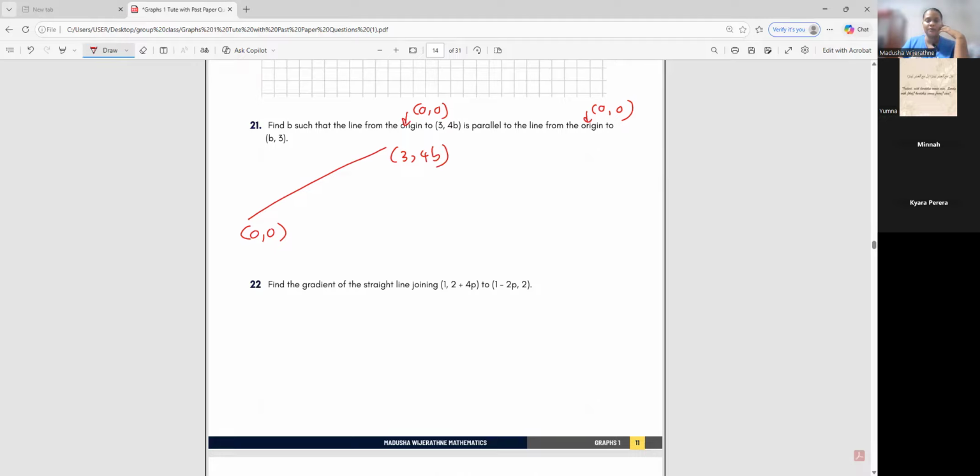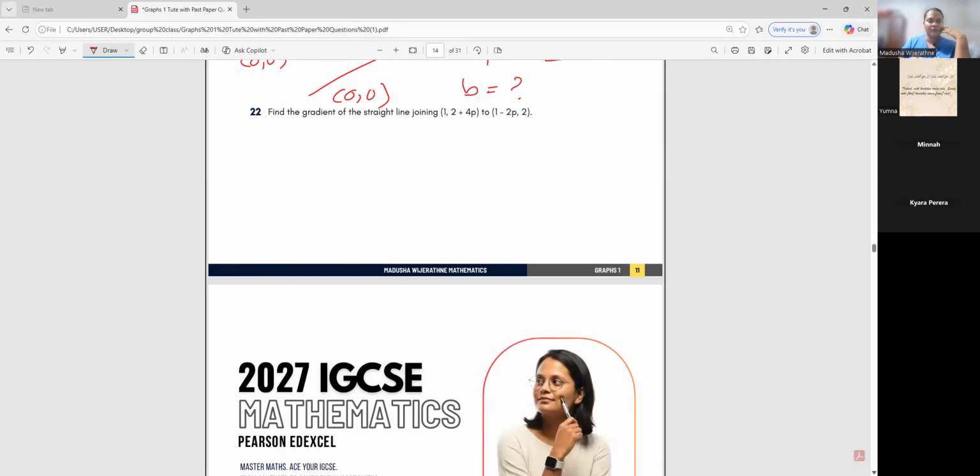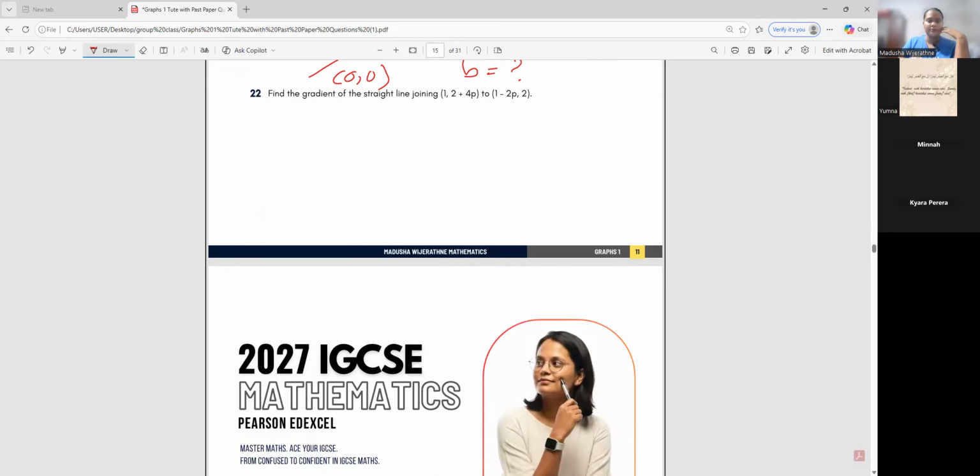The other line is also passing through the origin, and the other point is (b, 3). They are parallel to each other. Write their gradients and find what b is. Find the gradient of the line. Join in this, you will get the answer in terms of p. We can't find a value here.